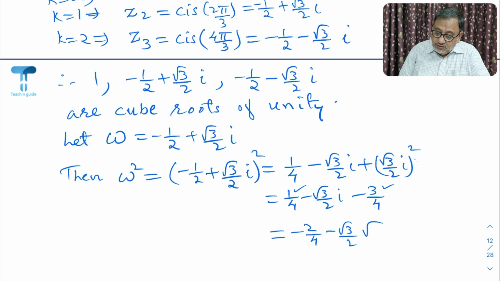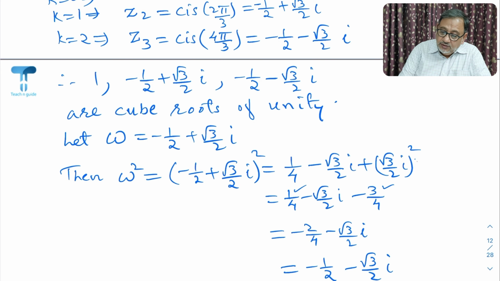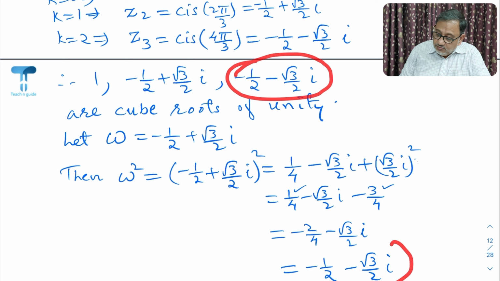So when we simplify this, we are going to get minus 1 by 2 minus root 3 by 2 i. So look here, this we got by squaring the middle one.